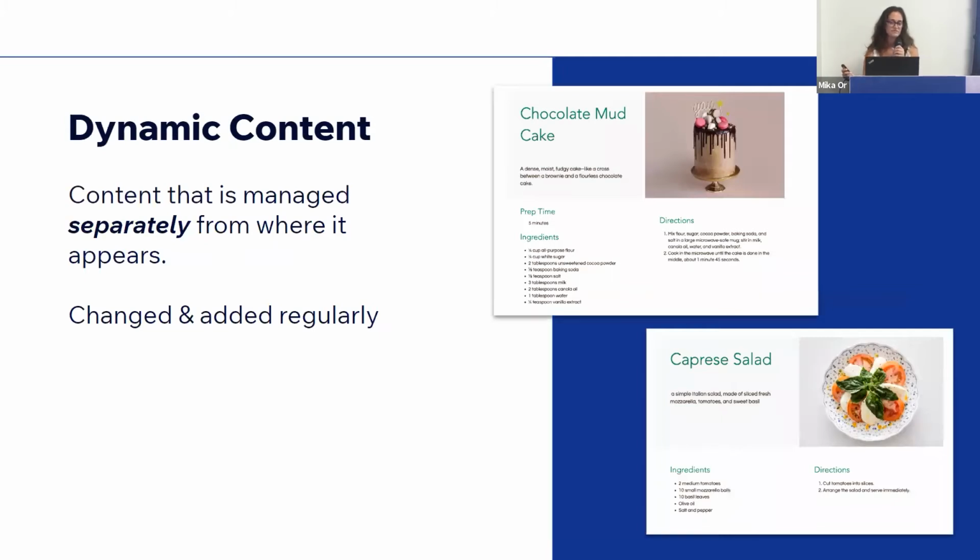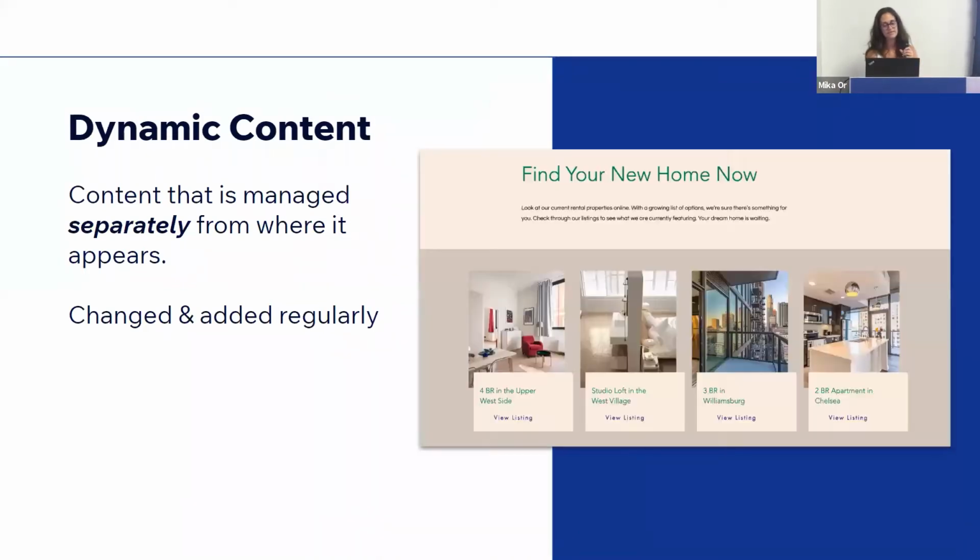Dynamic content is actually managed separately from where it appears. Dynamic content is great for parts of a website that need to be changed and added regularly. Like for example, a recipe site where new recipes are being added all the time, or a real estate site where listings often need to be updated, removed, and added.